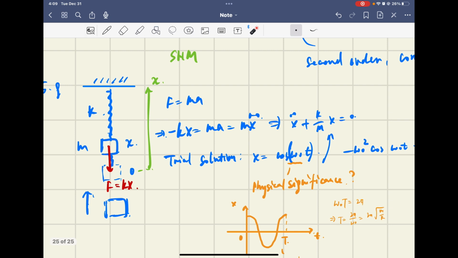So we can write it as minus k times x equal to m times the acceleration. The minus sign means that the force is always in the opposite direction of the motion of the block.